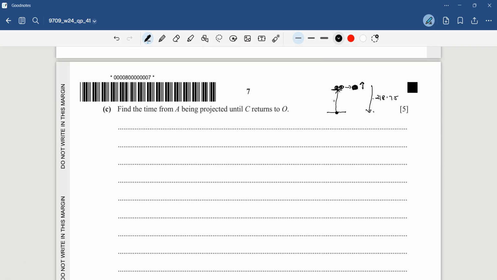Okay, at this point they coalesce and become C, and then the object will continue to go up, and then it will go down. So we try to find the speed of the object here after coalescing. For that we use these two things.